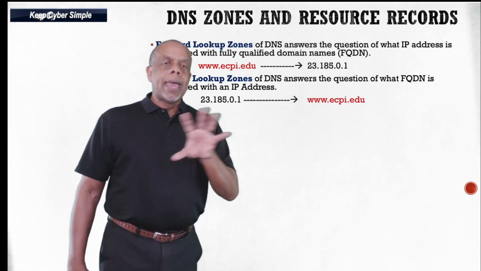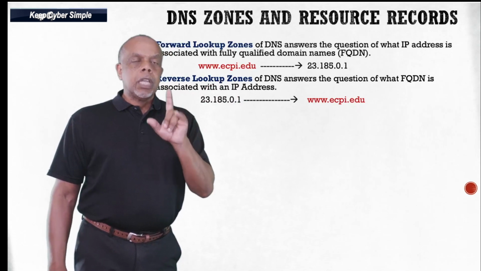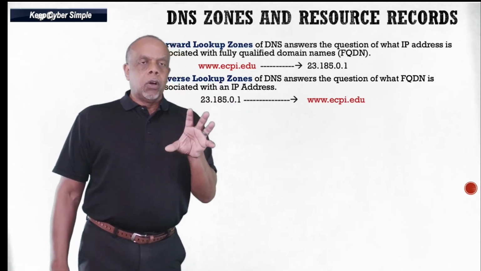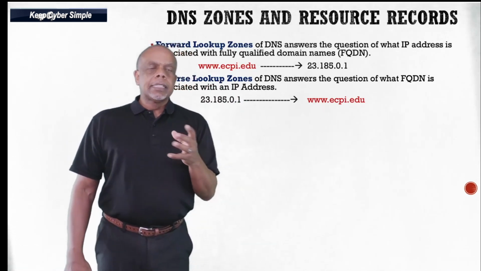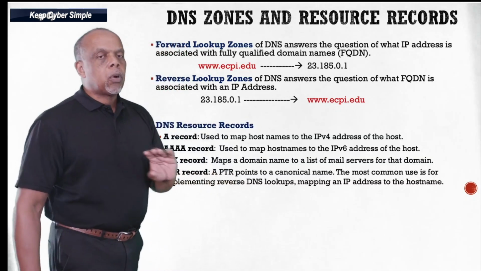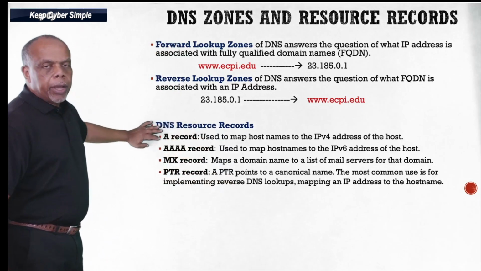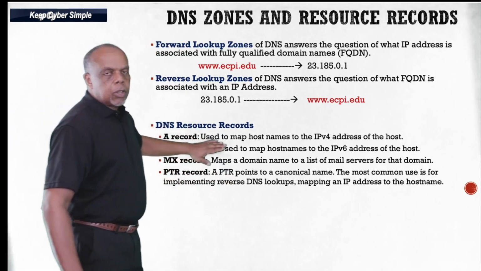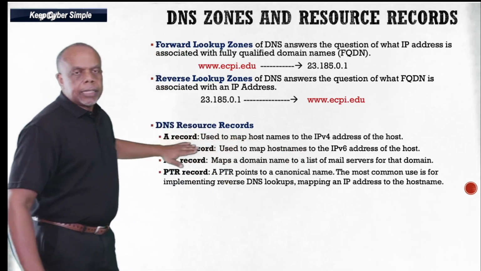Now, how does this all happen across the internet? Well, it's done with records, or a file. Basically, DNS has multiple types of records. I'm just going to talk briefly about four, really two. The one type you're going to see probably most of all is an A record.